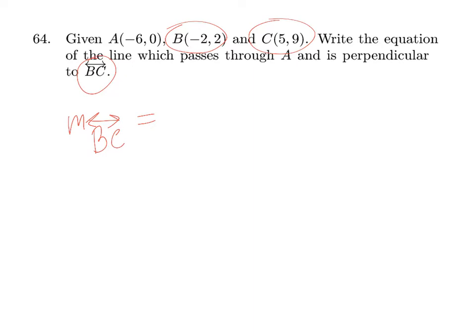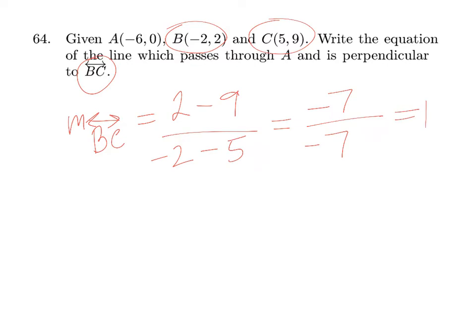All right, so I'm going to have y1, which is 2, minus y2, which is 9, over x1, which is negative 2, minus x2, which is 5. So I have negative 7 over negative 7, which is 1.